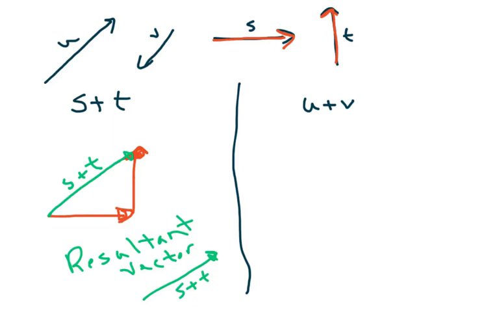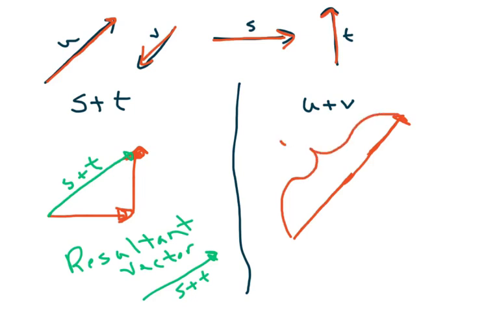Now, U plus V. I'm going to draw U here, and then V is in the opposite direction, so we go this way for V. Let's say this whole thing is U. I know I'm making it long, but I'm trying to prove something here.